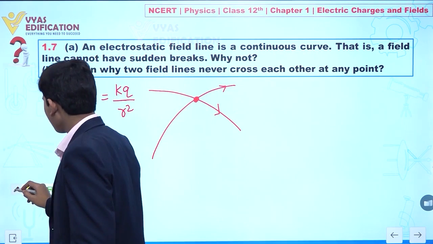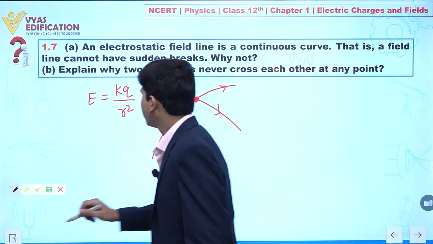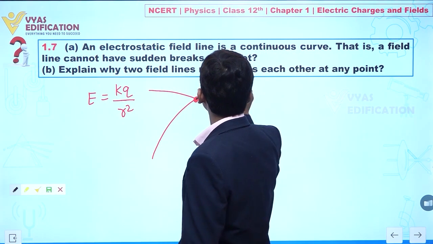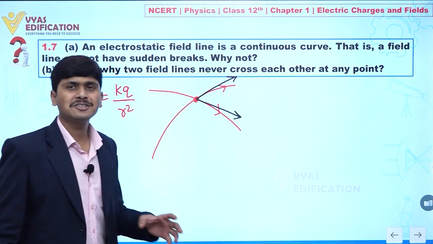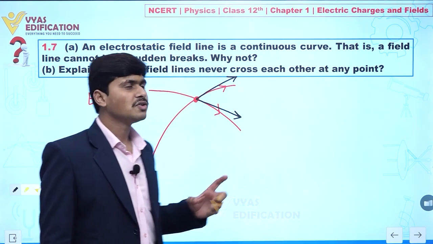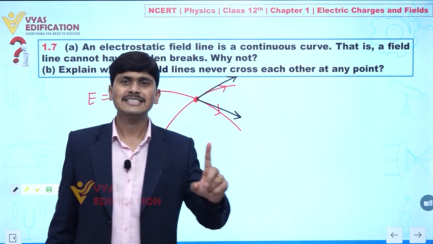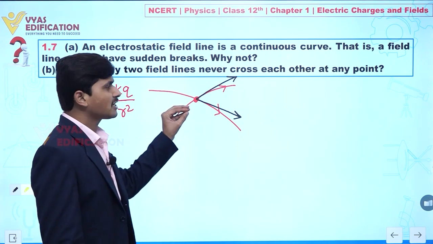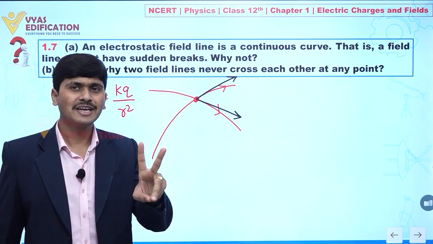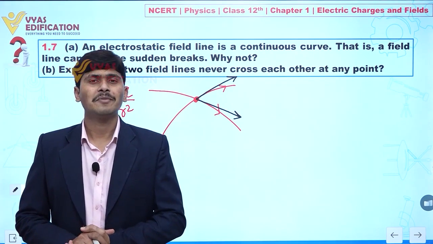Because at the intersecting point we would have two directions of the electric field, and that is not possible. Yes or no? So that's why electric field lines never intersect each other. Clear to everyone? So the answer is very simple: at the intersecting point we have two directions of electric field, and that is not possible. Clear to everyone? So this is all about this question.